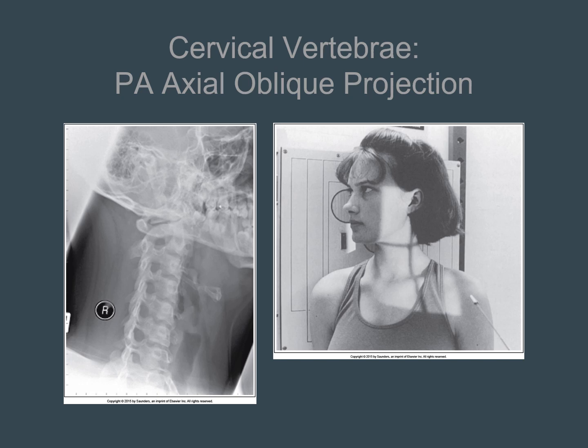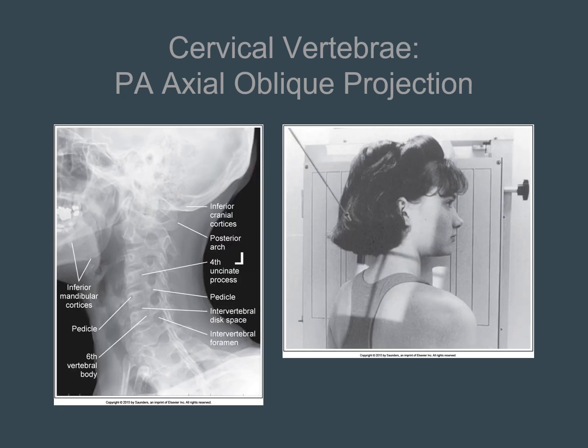The fourth cervical vertebra is at the center of the exposure field, and the first through seventh cervical vertebra, the first thoracic vertebra, and the surrounding soft tissue are all included within the exposure field. When obtaining a PA axial oblique projection, please be cognizant that the central ray angulation does change.